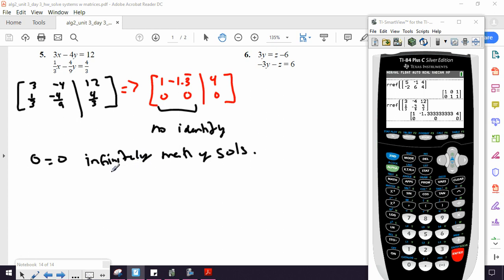In other words, any point on this line, because it's only one line, is a solution. So what ended up happening in this scenario is that these two equations represent the same exact line. If you were to put it in y-intercept form, slope-intercept form, you would have noticed that. And so it's infinitely many solutions.